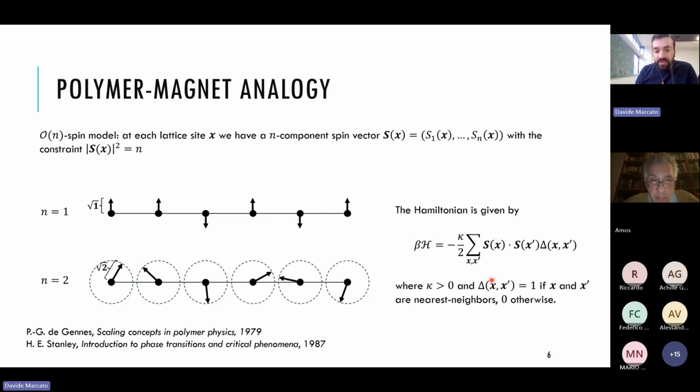And then the Hamiltonian here is the standard Ising-like Hamiltonian, where there is an interaction between neighboring spins that favors the alignment. And kappa here is the interaction parameter. Okay, this is the model.